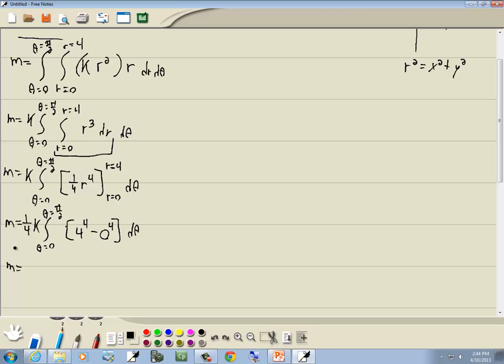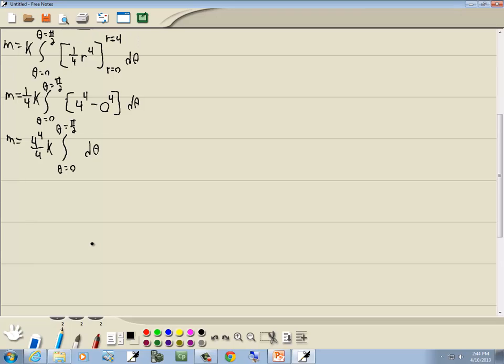Now the upper limit to the 4th I could put out in front, so we're going to have that over 4, times k, and the 0 of course drops away. Theta is equal to 0 to theta is equal to pi over 2, d theta.